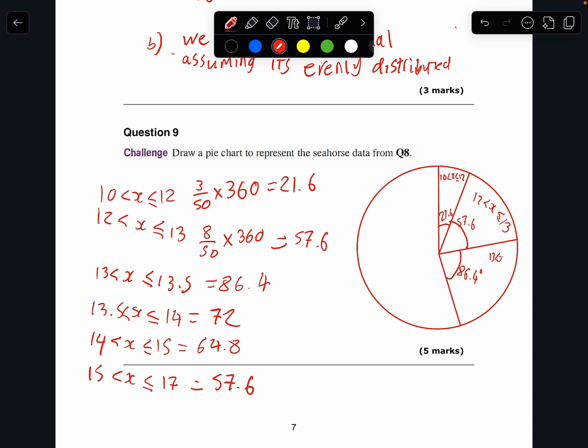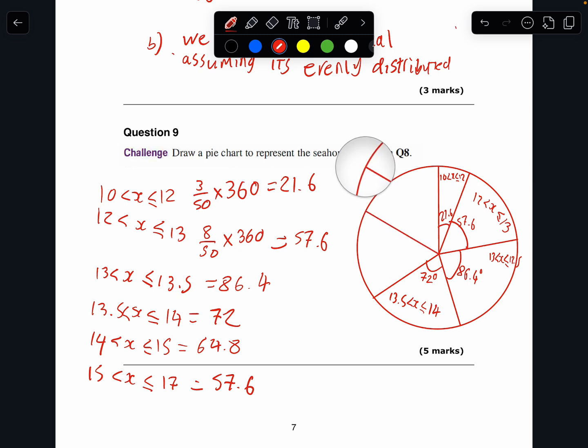13 less than x less than 13.5. 72 degrees, once again just less than 90. All of these seem to be just less than 90. 72 degrees, and that's 13.5 less than x, less than or equal to 14. 14 to 15 is going to be 64.8, which is something like, probably more like that.